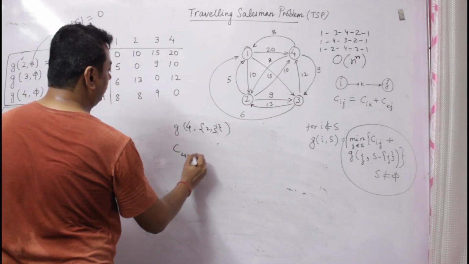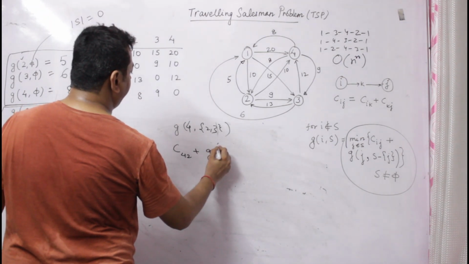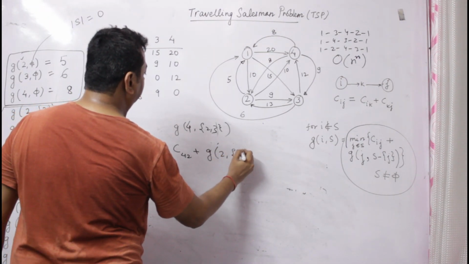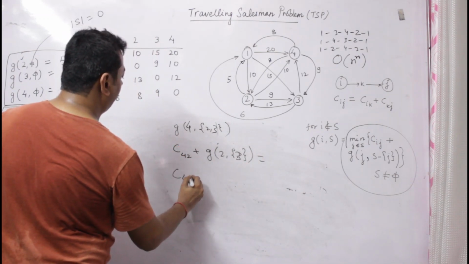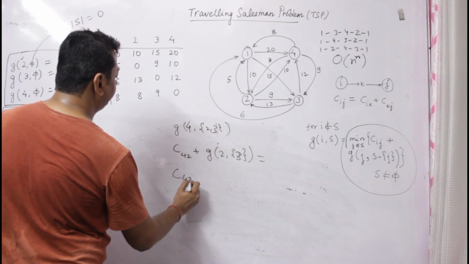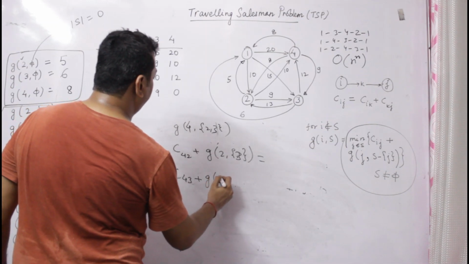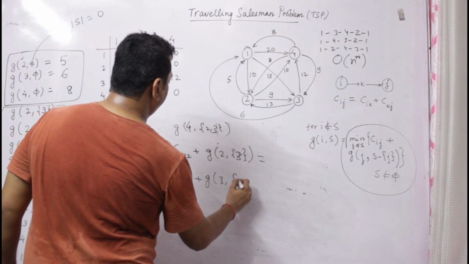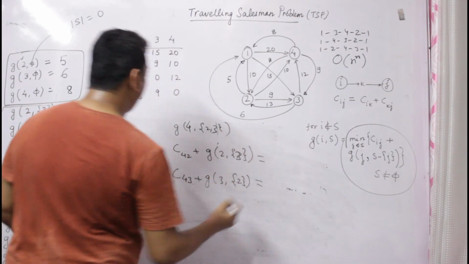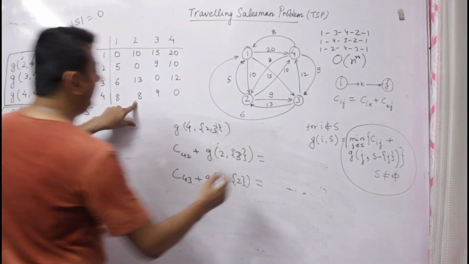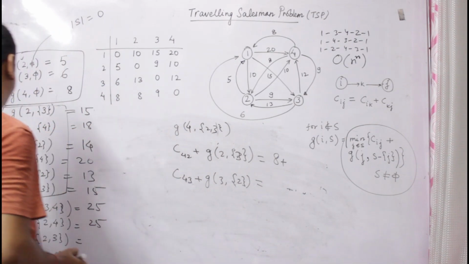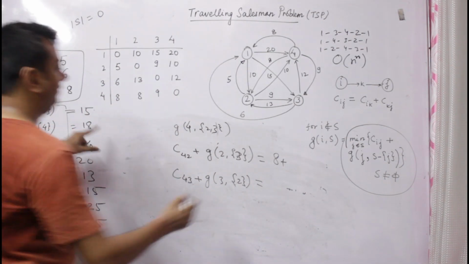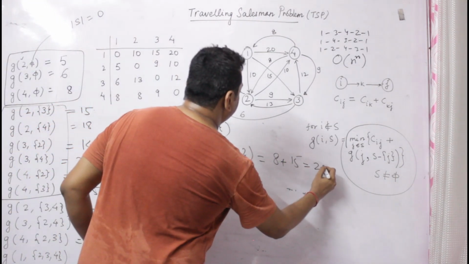C of 4, 2 plus G of 2 comma 3, or C4 3 plus G of, I am at 3, the remaining node is 2. C4 2 is 8, plus G 2 3 is 15, which is 23.